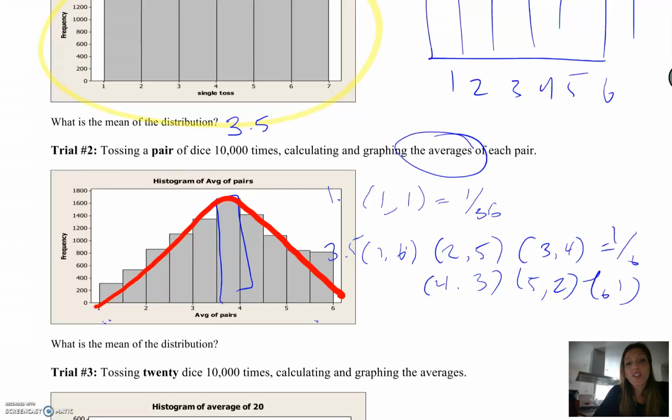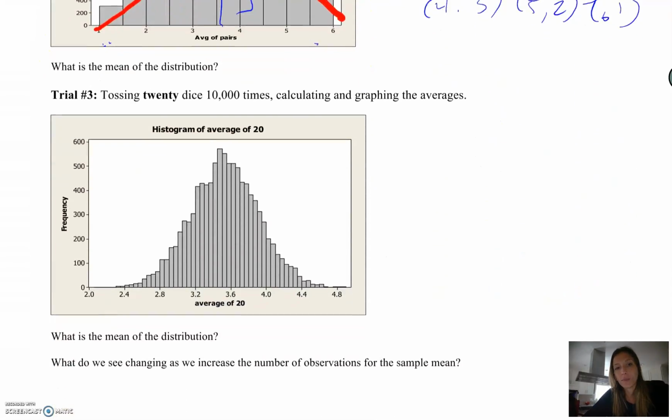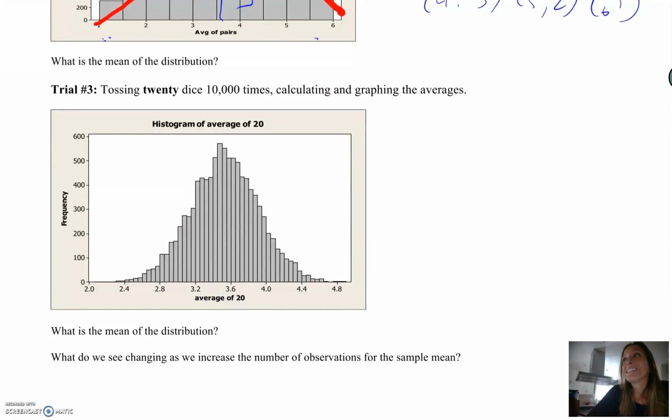Now, obviously this doesn't have the bell shape of a normal distribution. We cannot use a normal distribution on this. However, if you were to toss 20 dice and average them, now we're starting to see our bell-shaped curve, that normality.